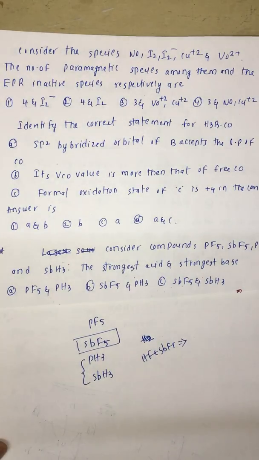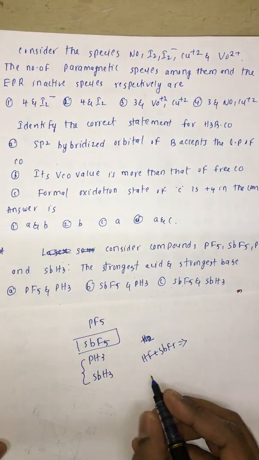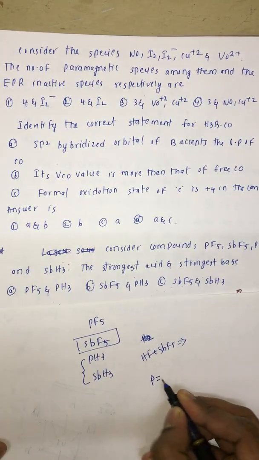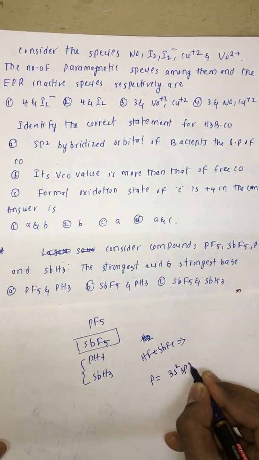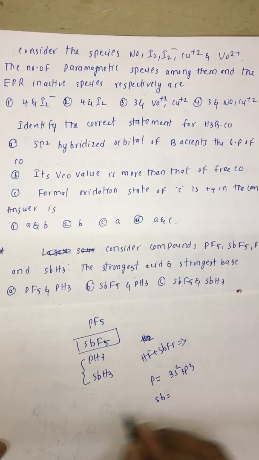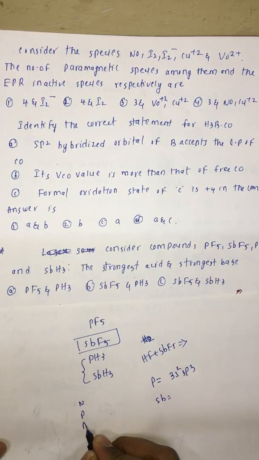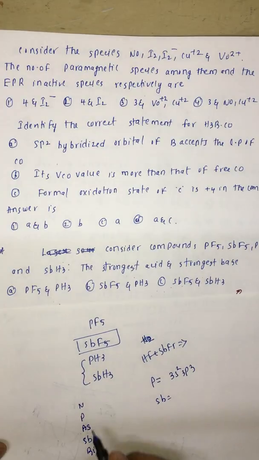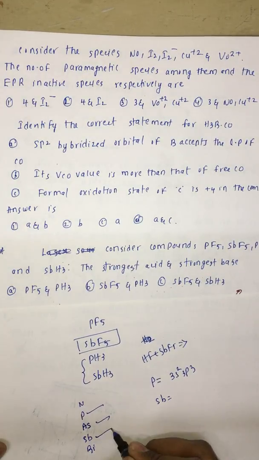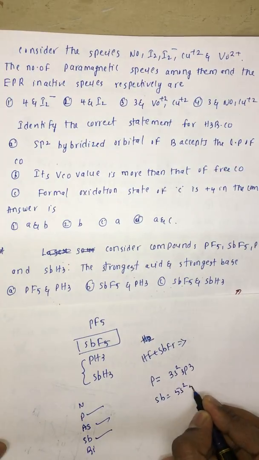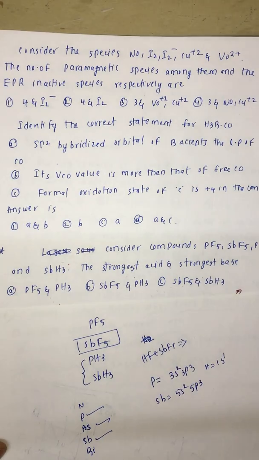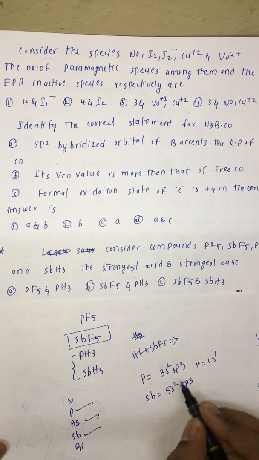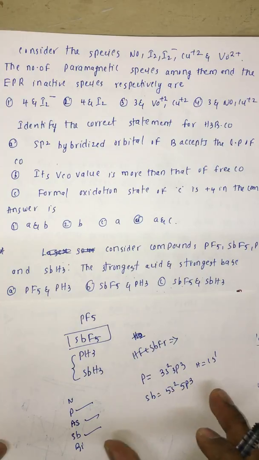Now we have phosphorus, which is 3s2 3p3, and antimony: nitrogen, phosphorus, arsenic, antimony, bismuth. So this is 3s, 4s, 5s. This will be 5s2 5p3, and hydrogen is here 1s1. There is orbital overlapping and there are orbital size differences.